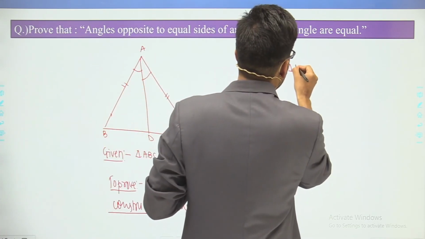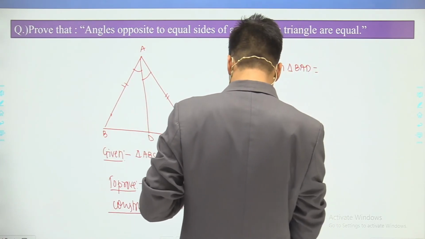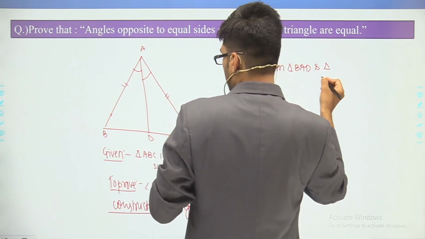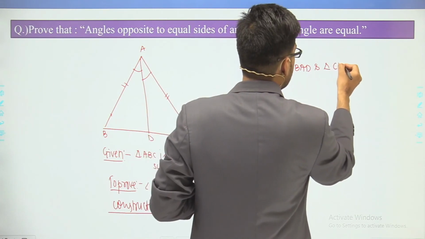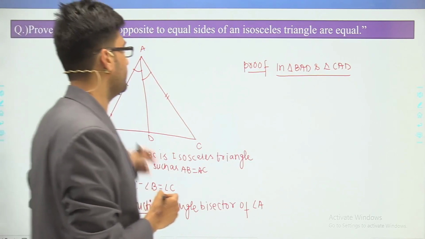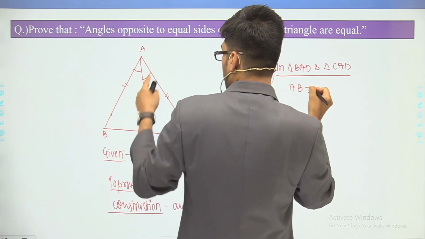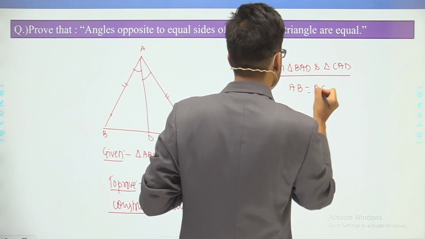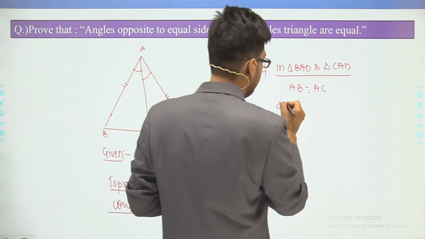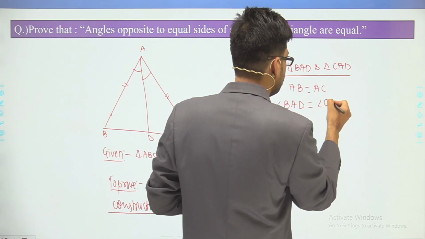Now in triangle BAD and triangle CAD, in these two triangles, students, it is given that AB is equals to AC. Angle BAD is equals to angle CAD.